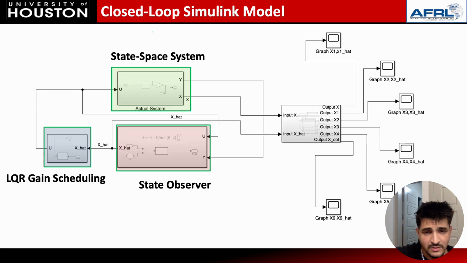So the Simulink model of the closed loop was included, so that I can try to get a better understanding of how Simulink works, and so that it could also give more of a visual of how the code is working versus just looking at code and seeing it run. So you have the actual system, where you have the state space system at the top that's also fed with white noise.